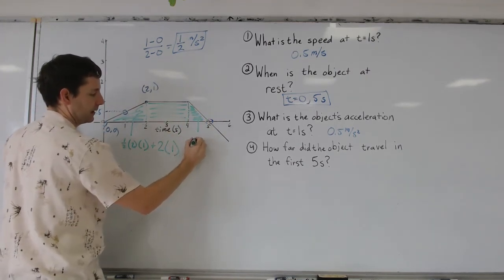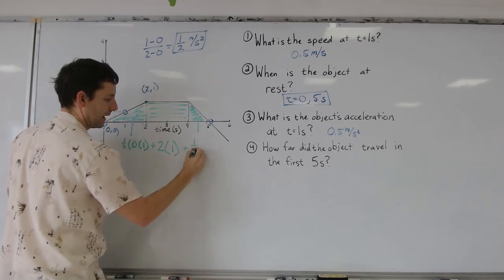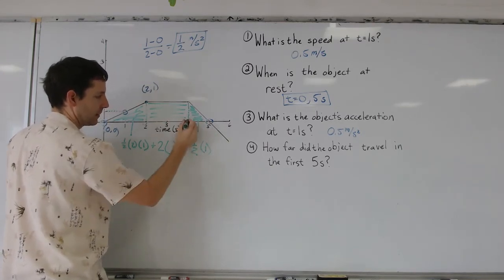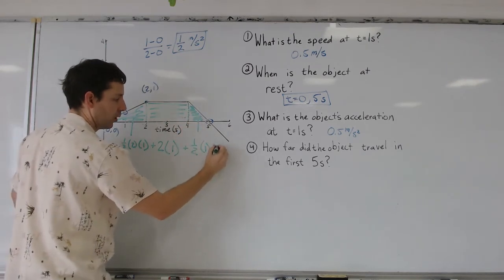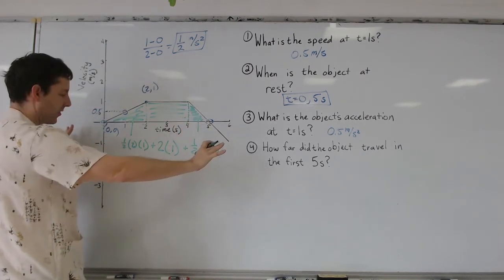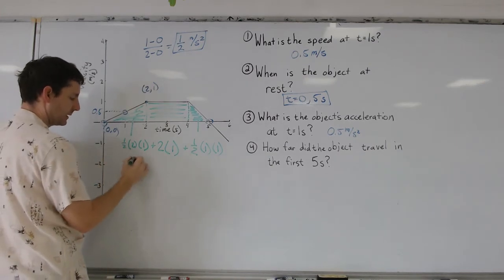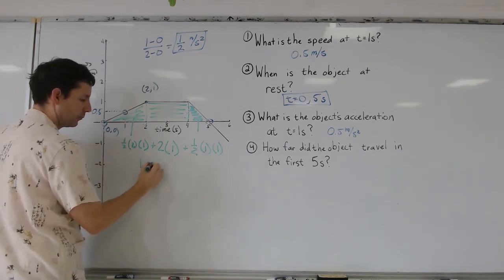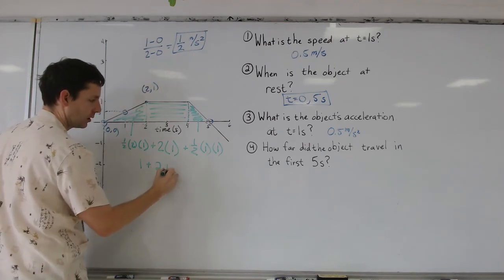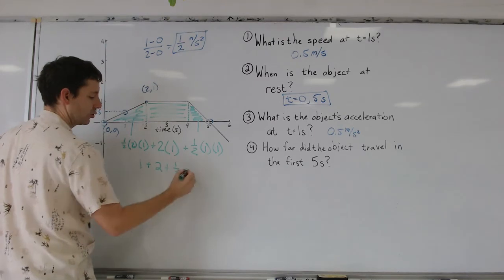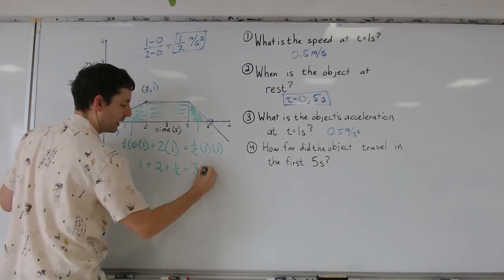So that one is going to be 1/2 the base, which has a length of 1, and then the height, which is still 1. And so I can add all those together, and so I'm going to have 1/2 times 2, which is 1, times 1, which will be 1, plus 2 times 1, which is 2, plus 1/2 times 1 times 1, which is 1/2, and so we end up getting 3.5.